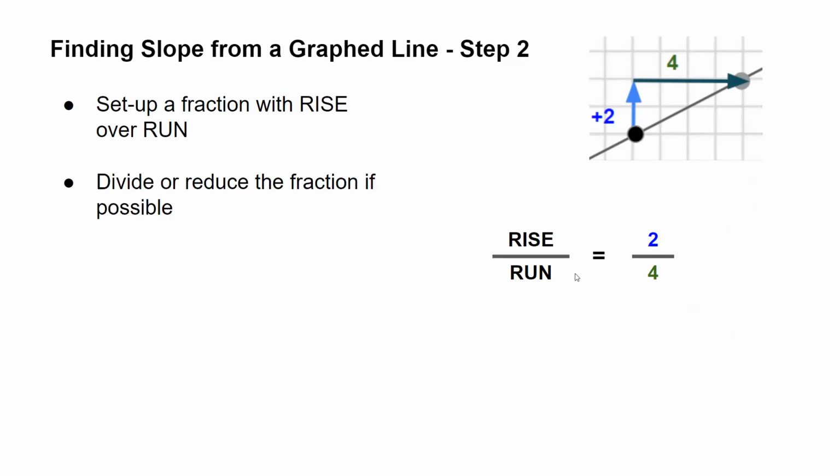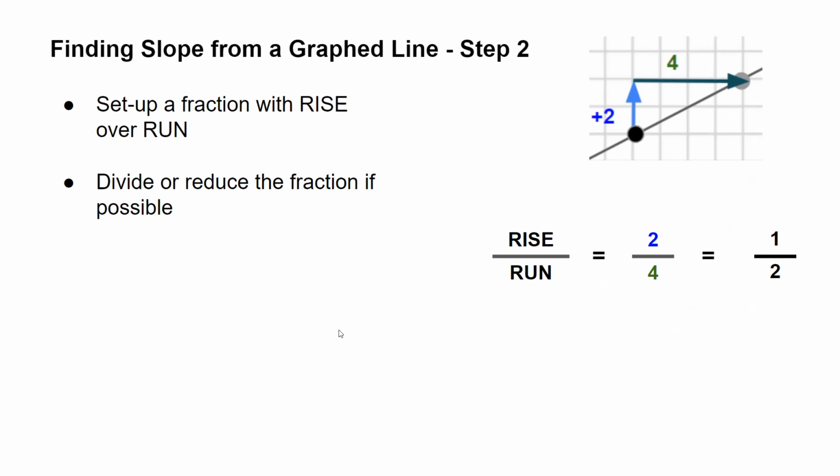Now, the next step is we either want to divide that if it's going to produce a whole number, or reduce the fraction if possible. We can't divide 2 by 4 and get a whole number, but we can reduce that fraction. And the answer to our question would be 1/2. This line that was graphed has a slope of positive 1/2.